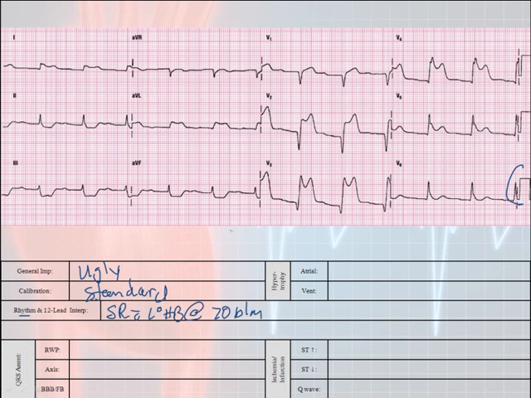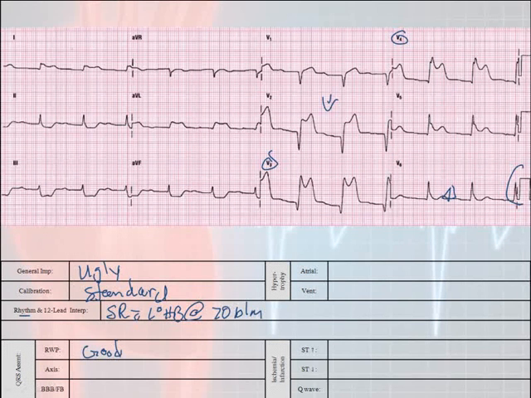R wave progression. If we look at our R wave progression, normally we look V1 through V4, but you can also look V1 through V6. It should be primarily negative, transitioning to primarily positive, and the transition should occur somewhere between V3 and V4. Since V1 to V6 or V1 to V4 is negative to positive, I'm going to say my R wave progression is a good R wave progression.